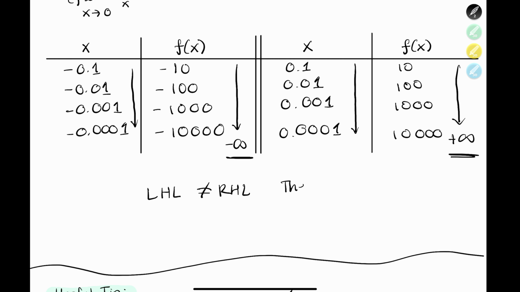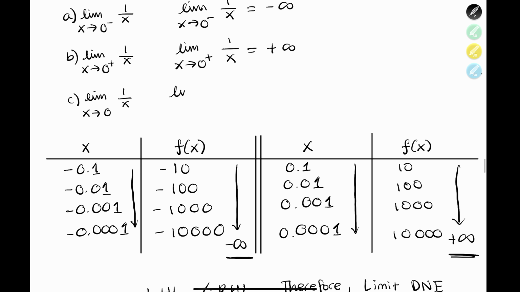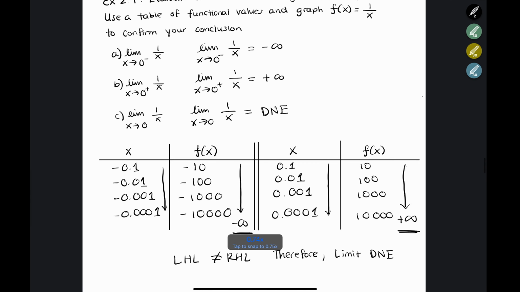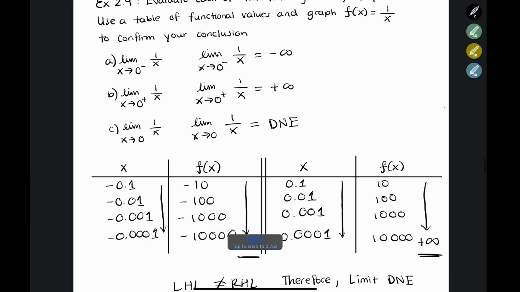So therefore we say the limit does not exist. So going back up to C, the limit as x approaches 0 of 1 over x does not exist. So now we're done with example problem 2.9.